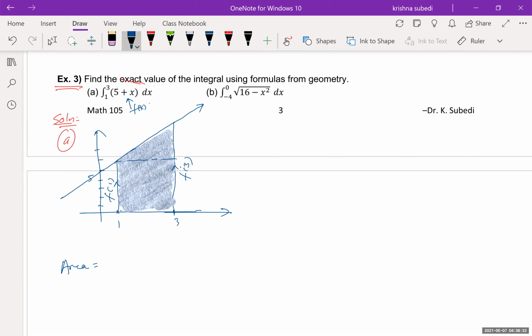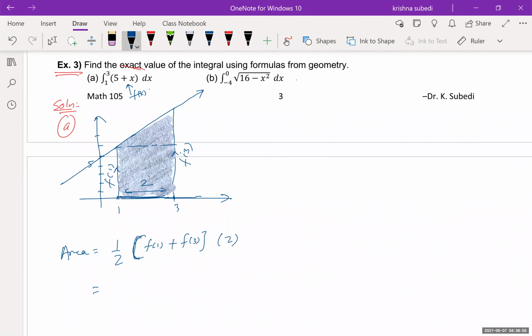So you know from high school that the area of a trapezium is half the sum of the bases, the sum of the parallel sides, which is f of 1 plus f of 3, times the width. And what is the distance? Is that 2? Yeah, times 2. You can find it that way. So which gives me half.